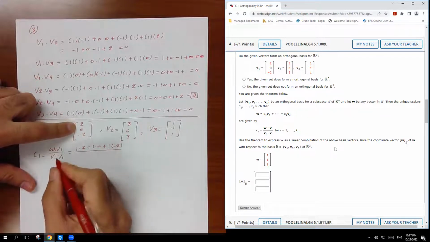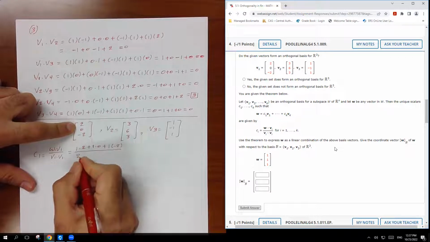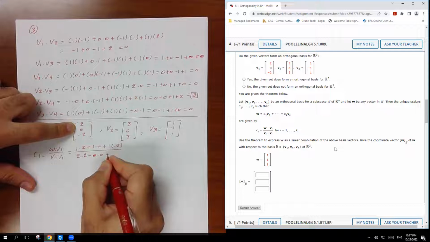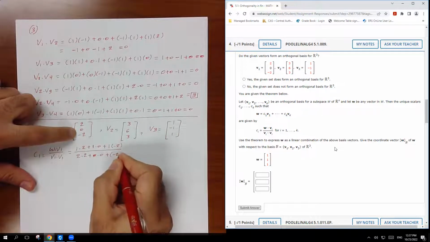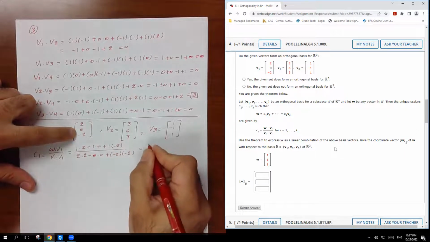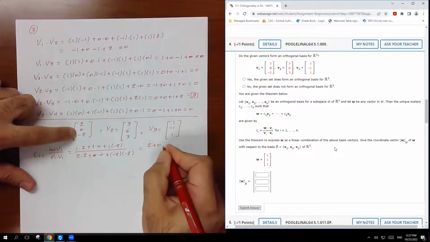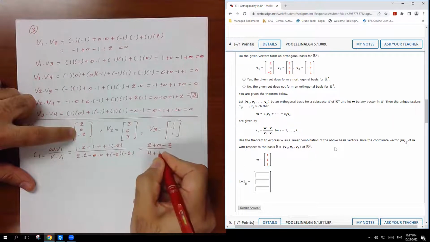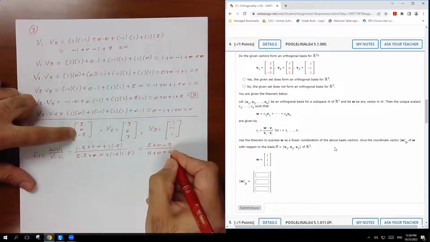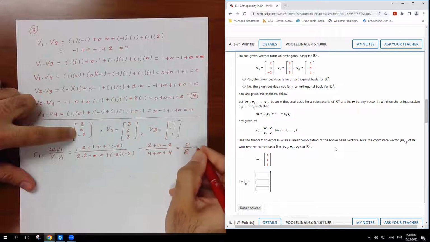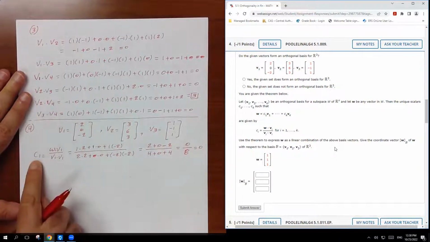The dot product between V1 and itself is going to be 2 times 2 plus 0 times 0 plus -2 times -2. In this case, it's going to be 2 plus 0 minus 2 over 4 plus 0 plus 4. And 2 minus 2 is going to be 0. 0 divided by any number is going to be 0. So the first scalar is 0.